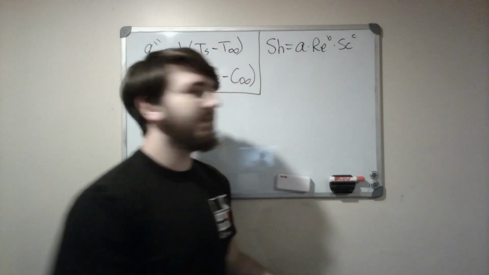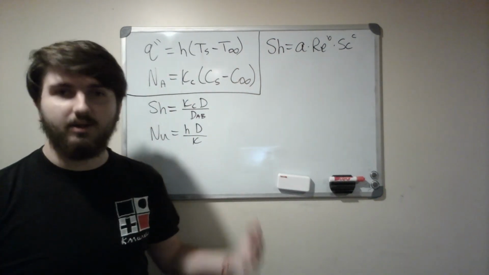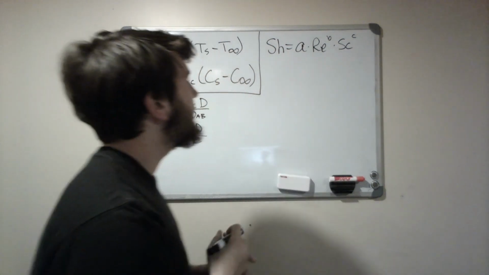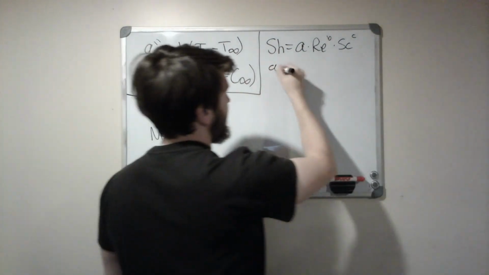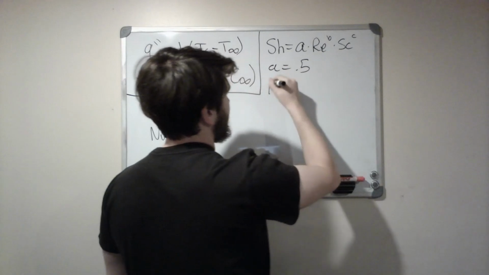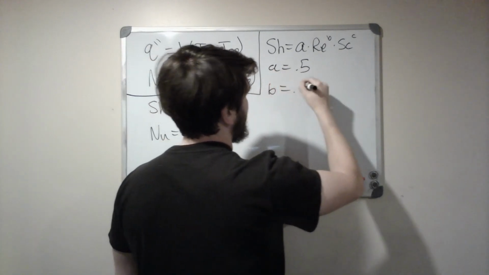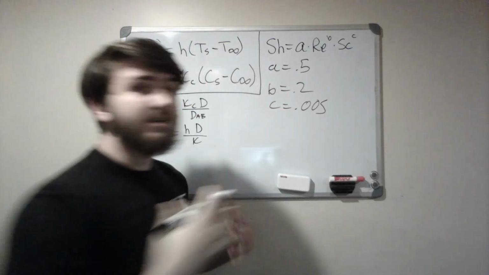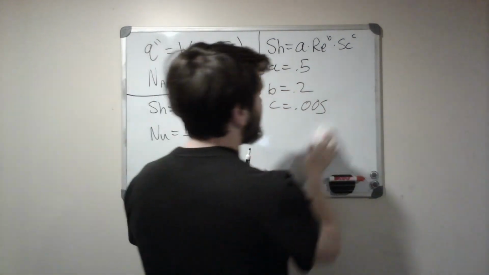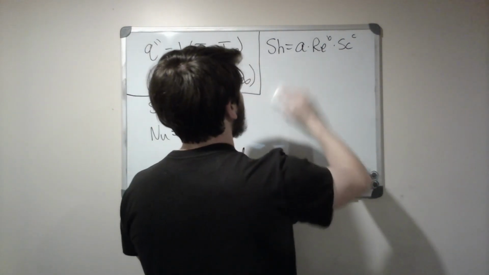We discussed that in exam 2. If you would like to go back, you can see how this problem works out. So those can be any numbers that we want here, okay? I can make A equal 0.5, I can make B equal 0.2, C equal 0.005, whatever. It doesn't matter here.